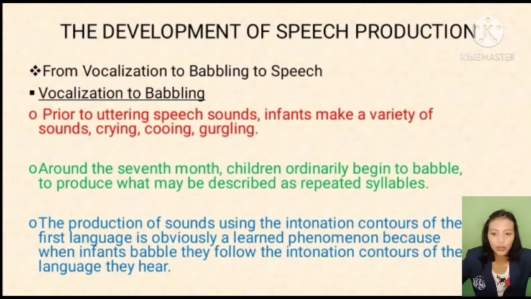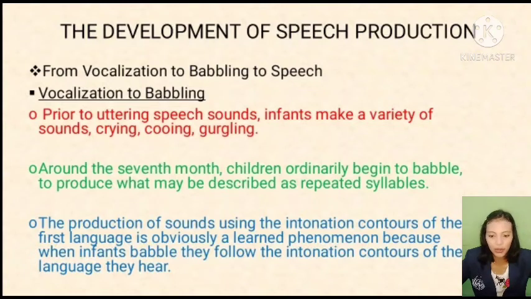Now, I want to explain about the development of speech production, from vocalization to babbling to speech. The vocalization to babbling: the first one, prior to utterance of speech sounds, infants make a variety of sounds, crying, cooing, gurgling. The second, around the 7th month, children ordinarily begin to babble, to produce what may be described as repeated syllables.